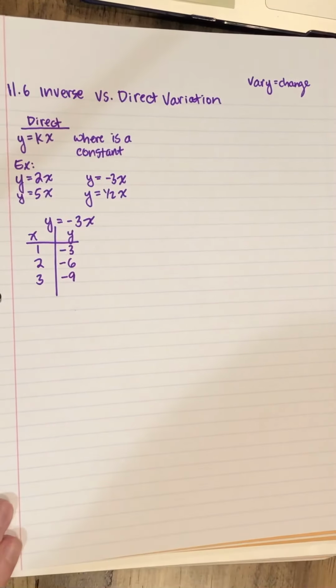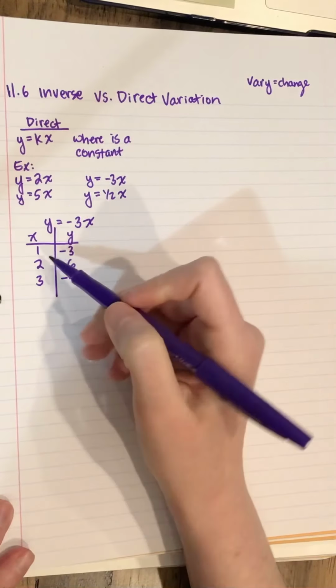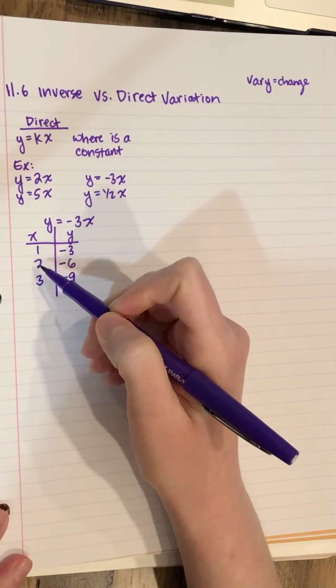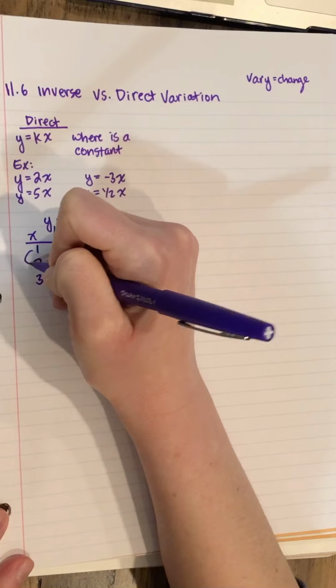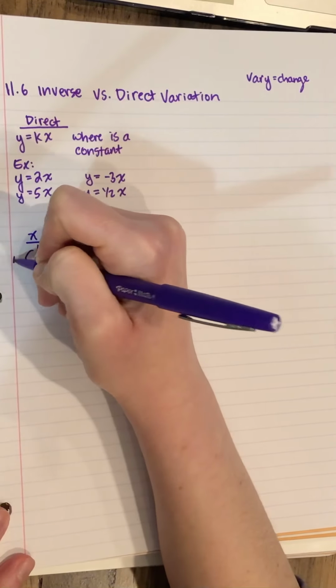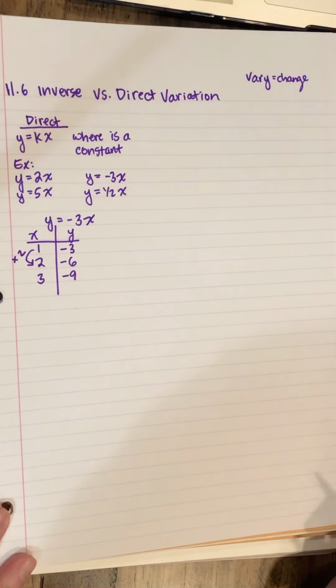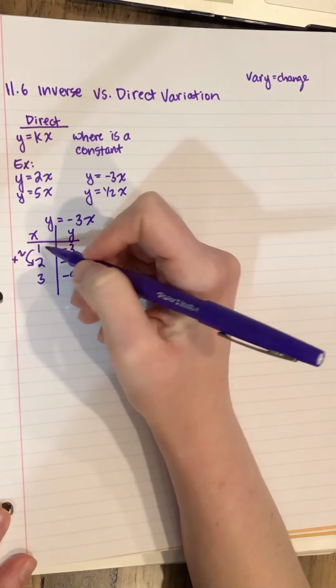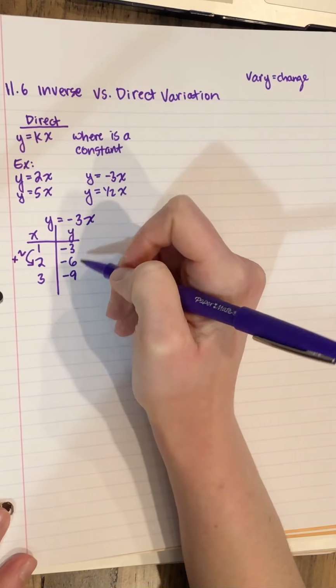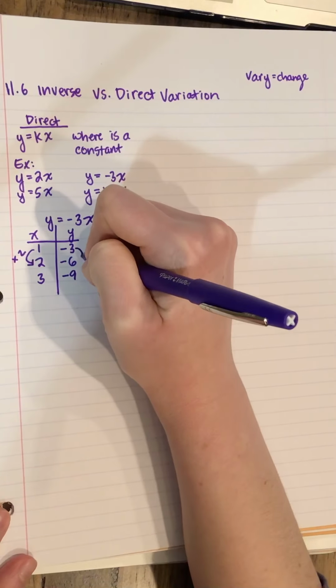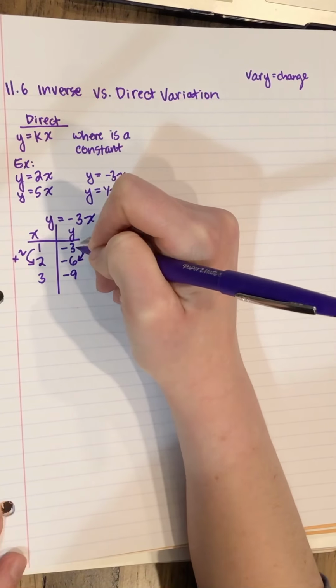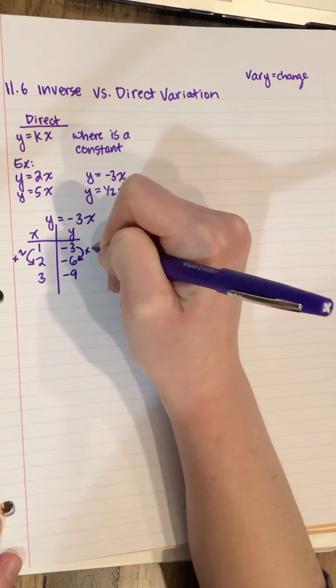So let's see what's happening here. As you go from 1 to 2, you're multiplying 1 by 2, and you're getting 2, right? The same thing is going to occur with the corresponding numbers. So how you get from negative 3 to negative 6 is you multiply negative 3 by 2.